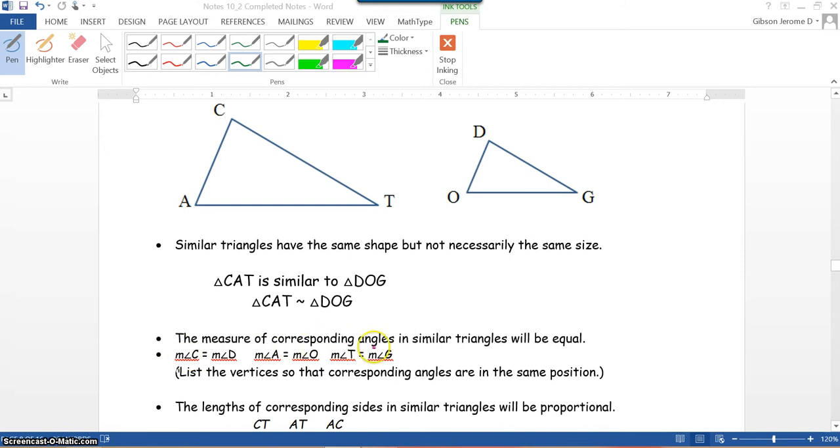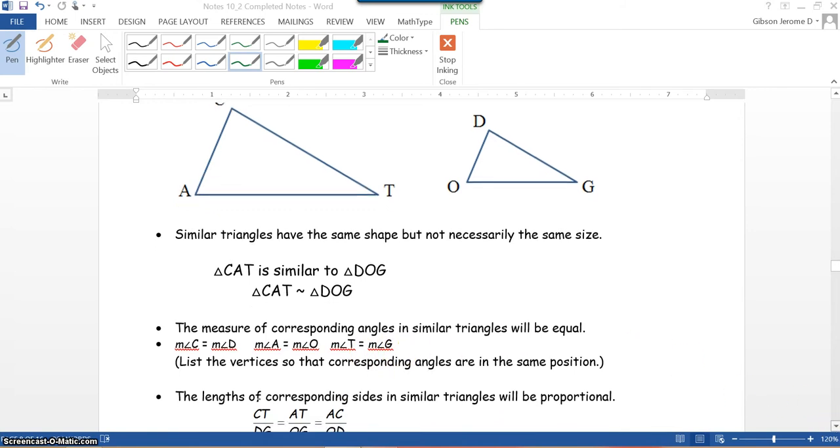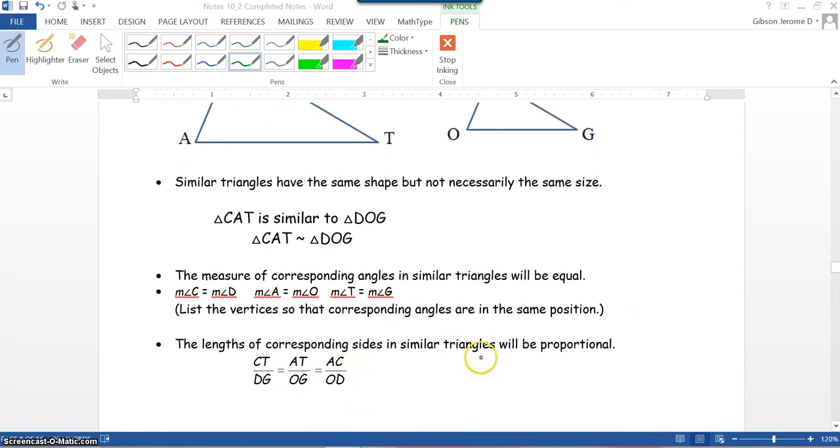Now the measures of corresponding angles in similar triangles will be equal. The measure of angle C is equal to the measure of angle D. The measure of angle A is equal to the measure of angle O. And the measure of angle T is equal to the measure of angle G. The lengths of the corresponding sides in similar triangles will be proportional.